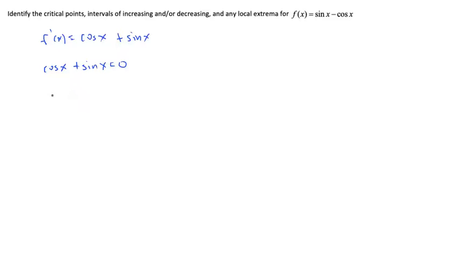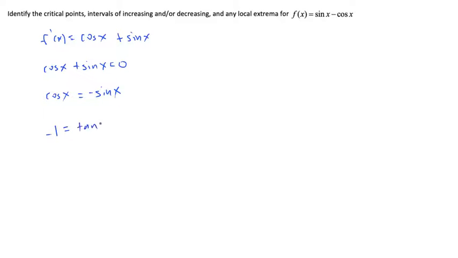There's a couple ways to do this. I can bring this over to the other side, so we can ask ourselves, where does the cosine of x equal the negative sine of x? Or if you have a unit circle, you can try to figure that out. Or what we can do is divide both sides by cosine. So 1 is equal to sine over cosine, which is tangent.